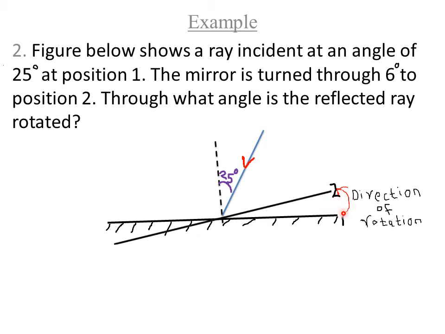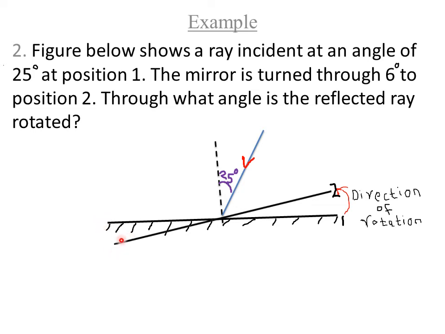Then also remember, when I turn this one upwards, this one actually moves downwards by the same angle of 6 degrees. So if I want to find the angle through which the reflected ray will be rotated, it will be the 6 degrees upward here, then also the 6 degrees downward towards this direction.